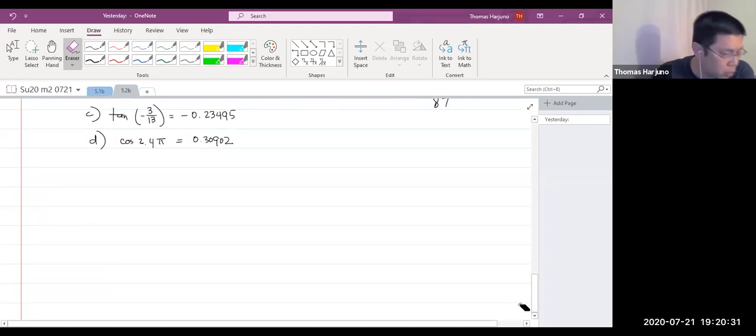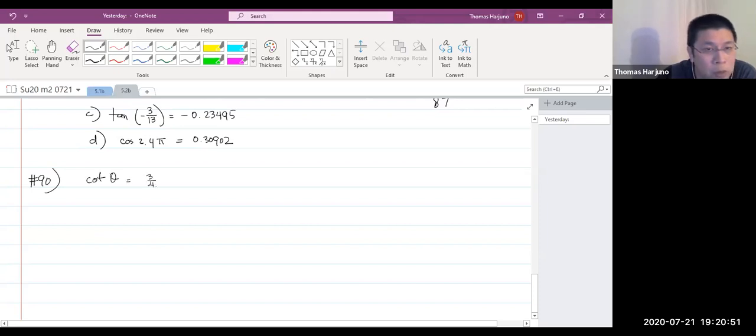Let's take a look at some problems that we could actually do, but it does take some insight to disassemble the information. Number 90, for example. We have cotangent theta equals 3/4, and cosine theta is negative. The first thing we need to do is figure out which quadrant this is located in.